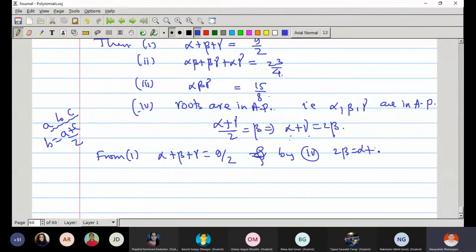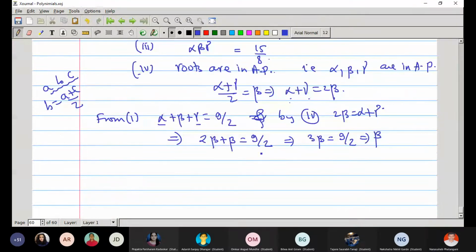Am I right? And therefore, what is beta? Beta is 3 by 2. Very good. So we got one root. Now we want to find the remaining two roots.